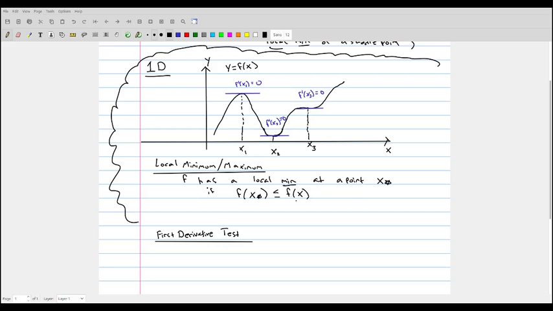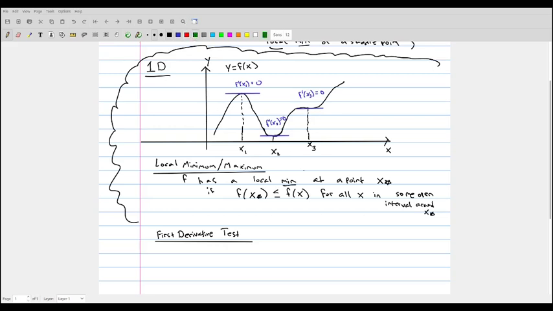So the value is less than or equal to the value of the function for all x in some open interval around the point x star.